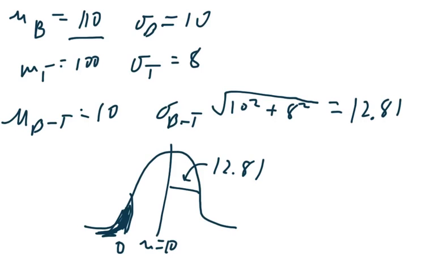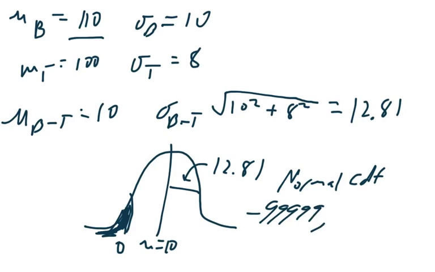So normal CDF, because I'm looking for a percentage, from negative 99999 to 0 with a mean of 10 and a standard deviation of 12.81. Gives me an answer of 0.217.